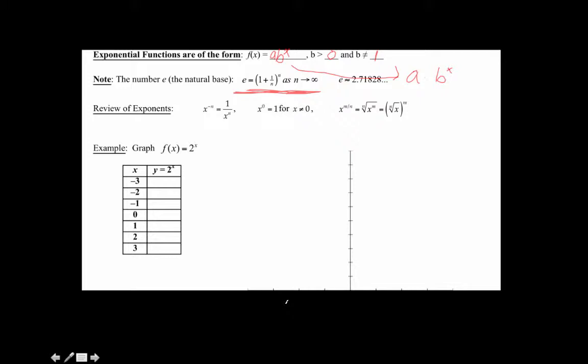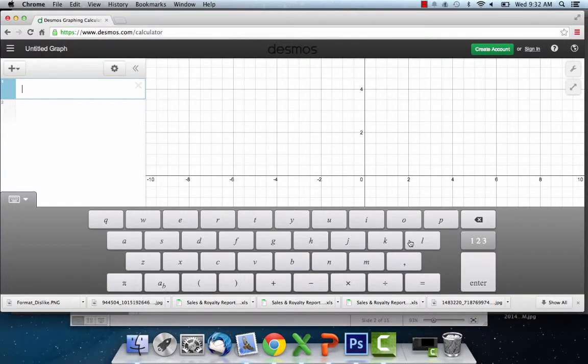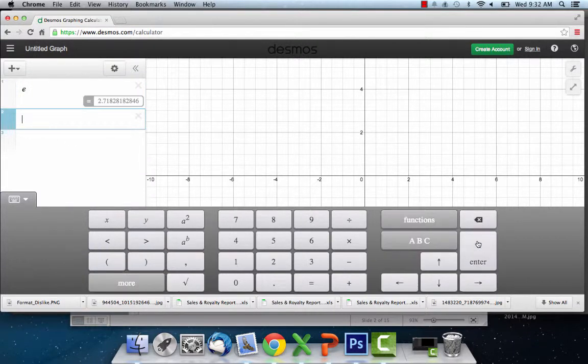In fact, let me see if I can show you this on the calculator. I've got Desmos open here, and if you go to ABC, e is e. So you actually can go ahead and do it, and there's e, approximated there. Let's do, say, 1 plus 1 divided by 100 to 100.